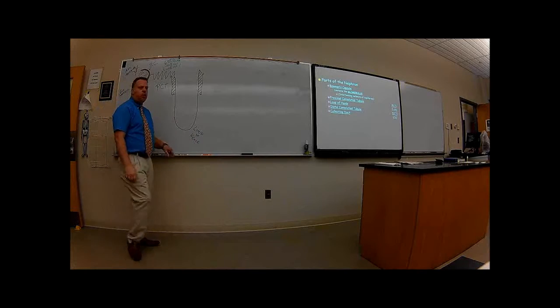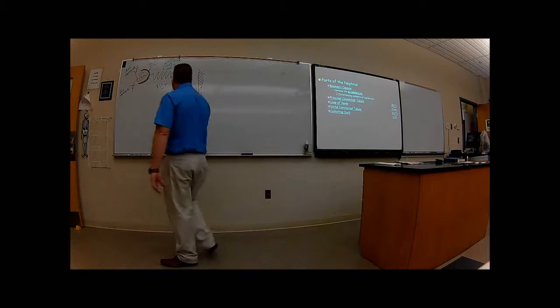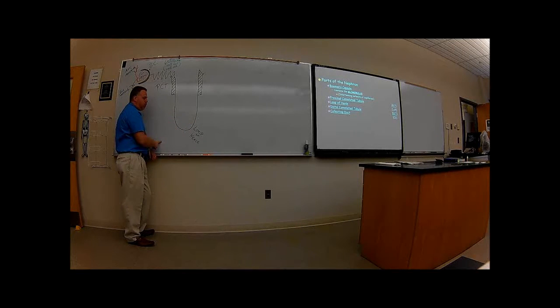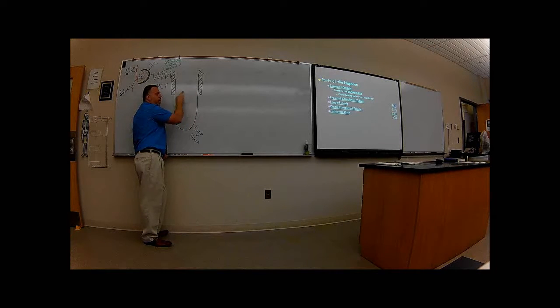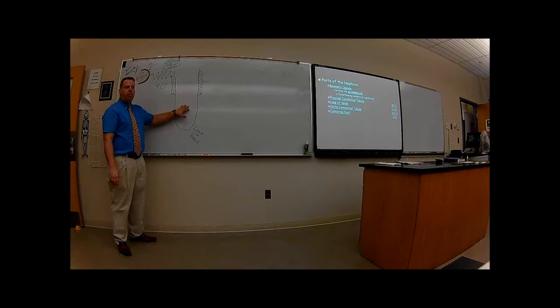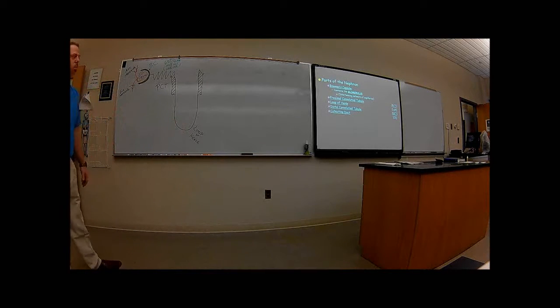And there's a few parts to this you got to understand. There's a thick descending limb, a thin descending limb. I call this a hairpin turn. A thin ascending limb, and a thick ascending limb. Okay? And these could be very long, and things could be very short, but there's a loop there.